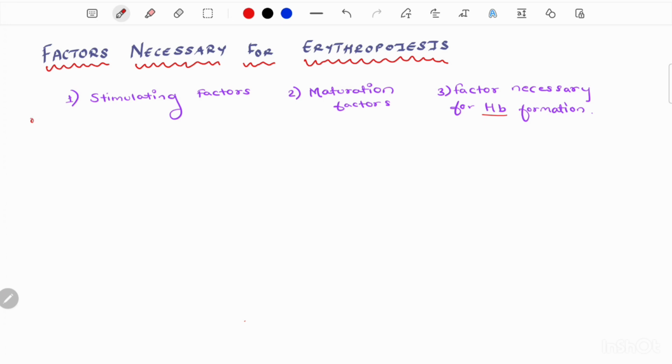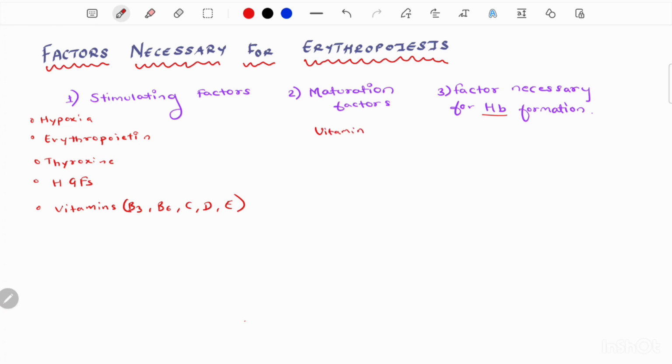In stimulating factors, we have hypoxia, then erythropoietin, third hormone is thyroxine, hematopoietic growth factors, and vitamins: vitamin B3, vitamin B6, and vitamin C, D, and vitamin E. For maturational factors, we have vitamin B12, intrinsic factor, and folic acid.